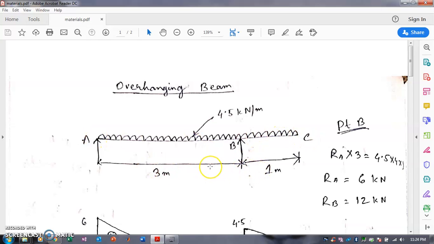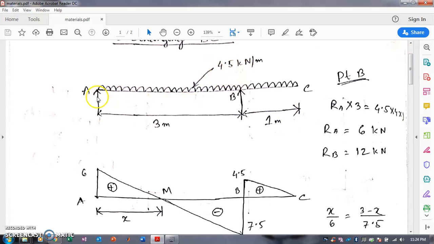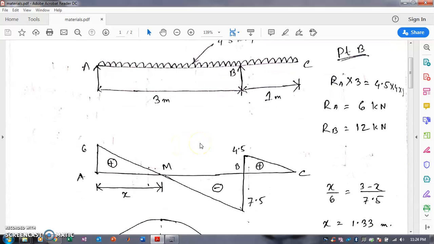So the entire force will act through the midpoint, that is 2 meter from point A and 1 meter from point B. So the perpendicular distance of this force from B will be 1 meter. So the moment will be 4.5 into total length, that is 4 meter, into the perpendicular distance, that is 1 meter, that is written here. From there we can get the value of RA is 6 kilonewton and RB is total load minus RA, that is 12 kilonewton. So now what will be the shear force diagram?